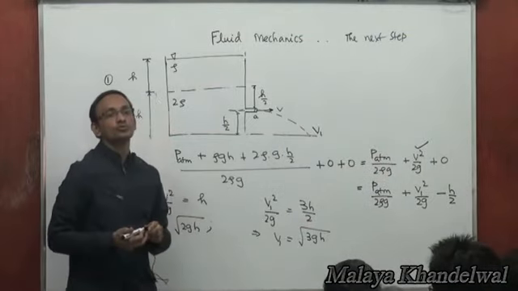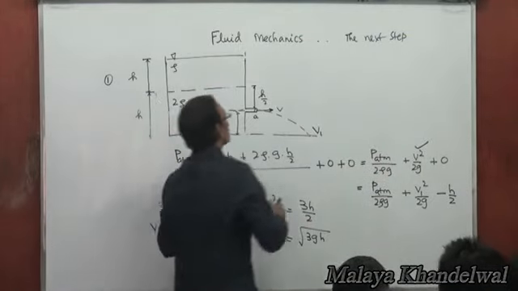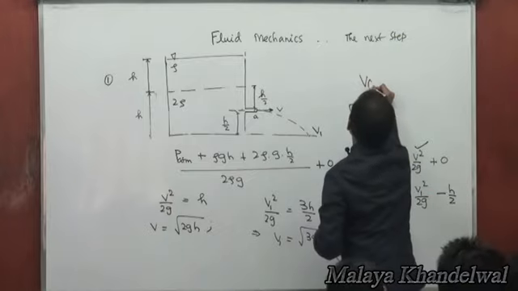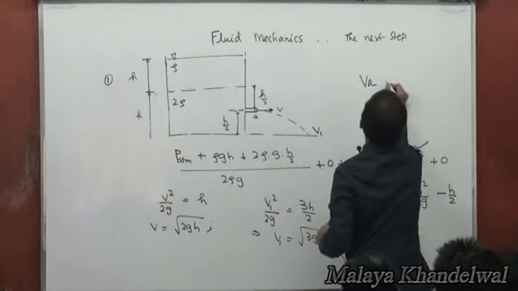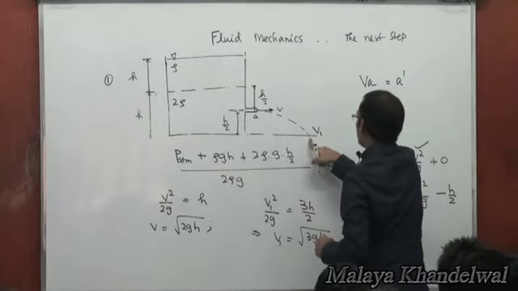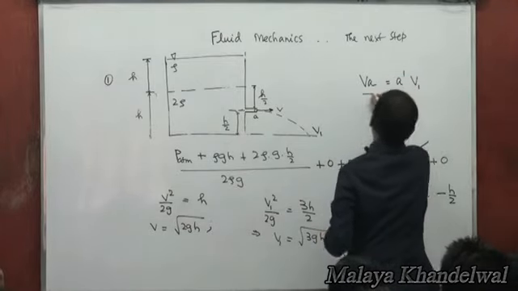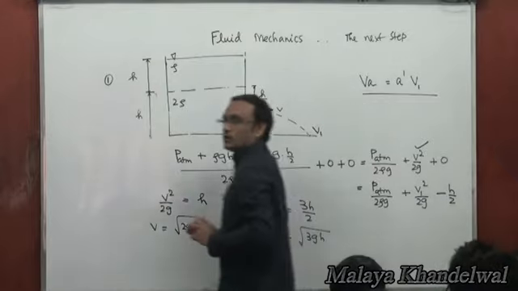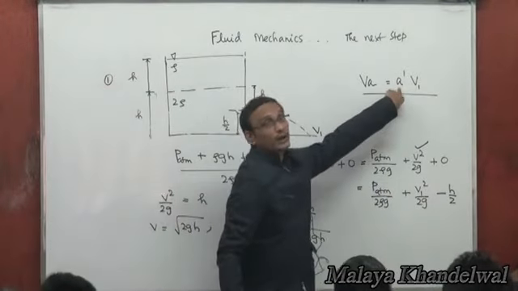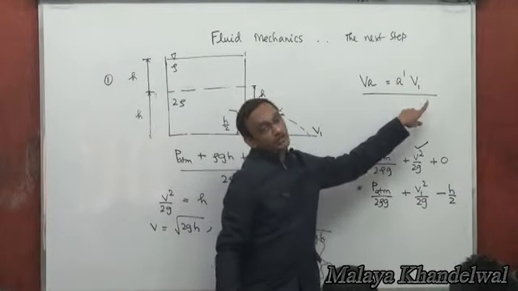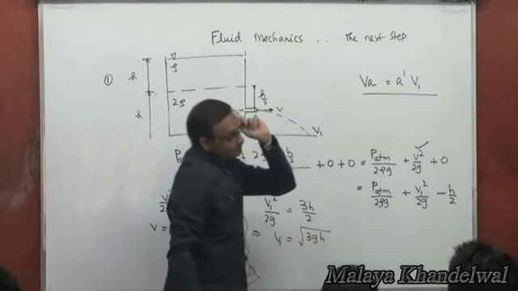So all that you need to do is apply the continuity equation. Continuity equation would guarantee v into A, where A is the area of cross section here, and it thins down to, let's say, A prime here, and acquires a velocity V1, equating the volume flow rate at the exit and on reaching the ground. A you know, and A prime could be obtained given the knowledge of v and V1. Got me?